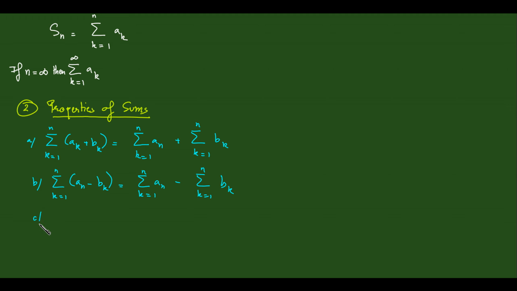And the third one is that if you have sigma of a scalar times the sequence, where C over here is a number, a constant, then this will equal C times, you can move the C to the front, the sigma from k equal 1 to n of a sub k. So these three formulas are very important.